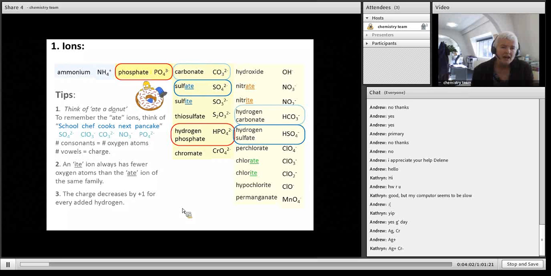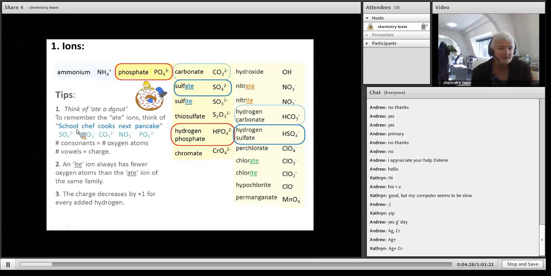To remember the -ate compounds: sulfate, carbonate, phosphate, chlorate. I haven't included chromate here, but one way you could remember it is 'school chef cooks next pancake', where the vowels are the charge. So if it's got 2 vowels in it, like school, it's got a charge of 2-.